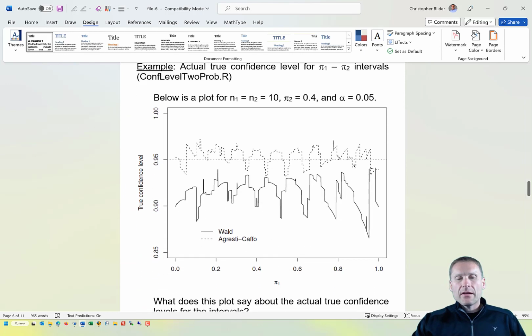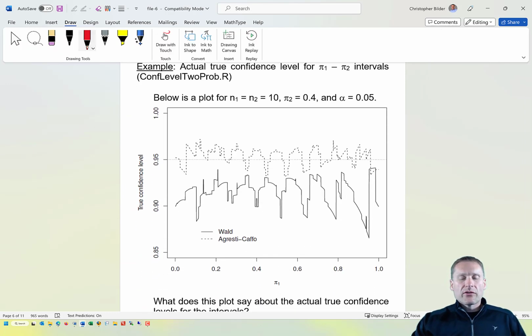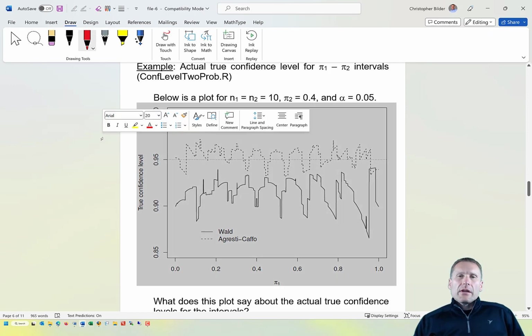Okay, so let's move on here to a new example. Earlier in this set of notes, in this video, I mentioned that the Wald confidence interval has problems achieving the correct confidence level, just like what we saw for a Wald confidence interval for pi itself. Let's look at that more closely now.